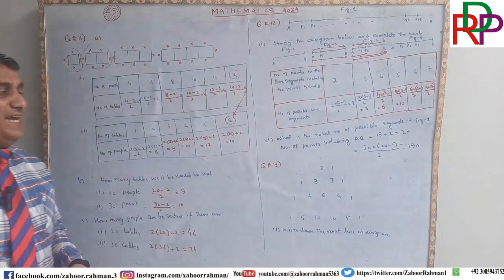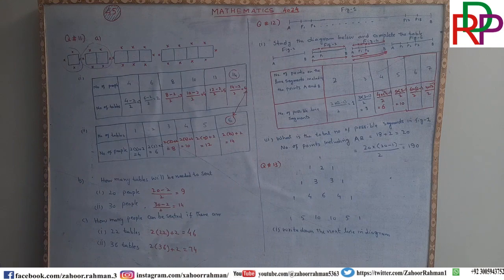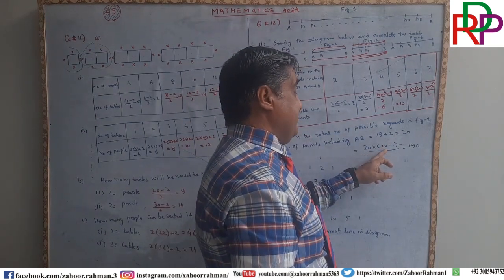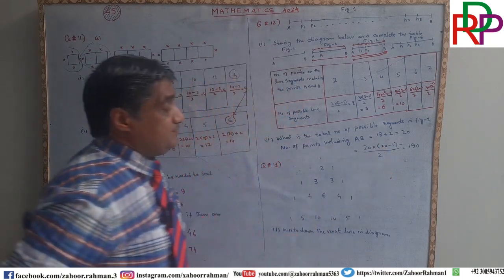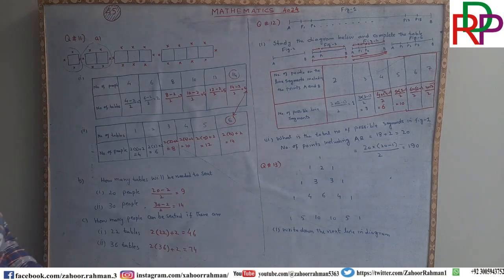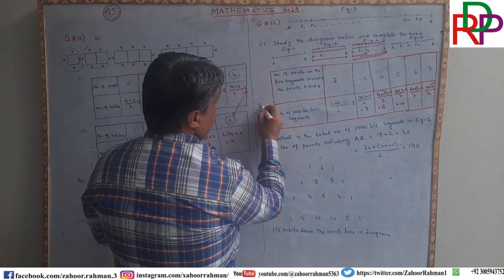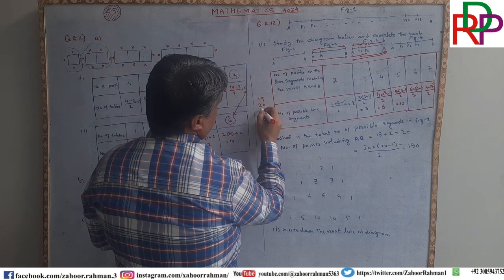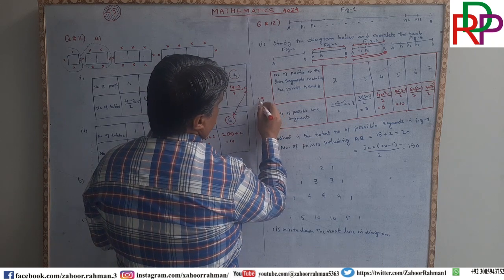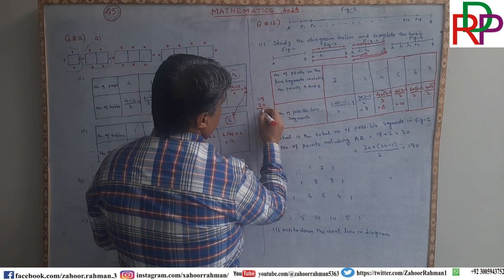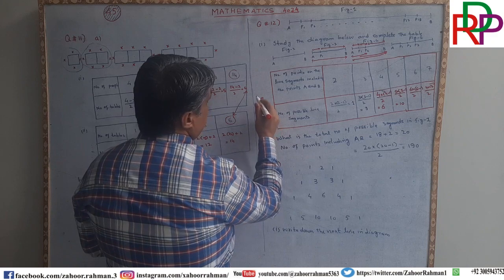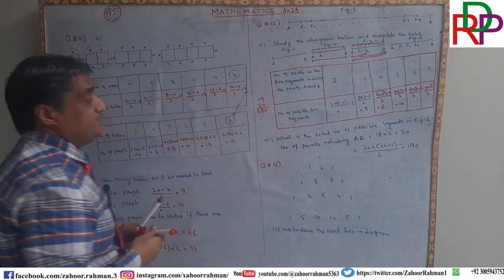So you can generalize a formula, and that can be like this: 20 multiplied by 19. So 20 multiplied by 19, 9 twos are 18, and 2 ones are 380.